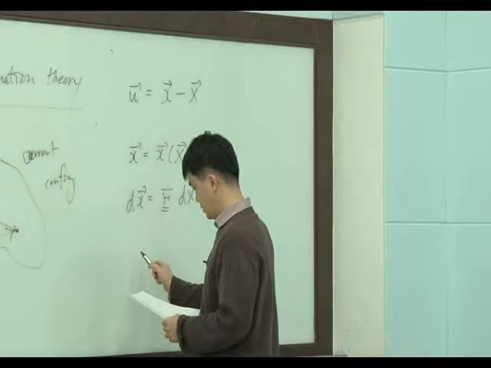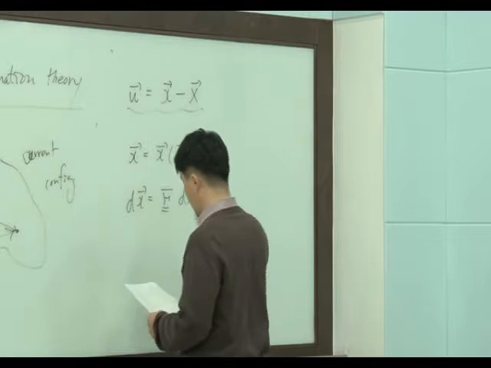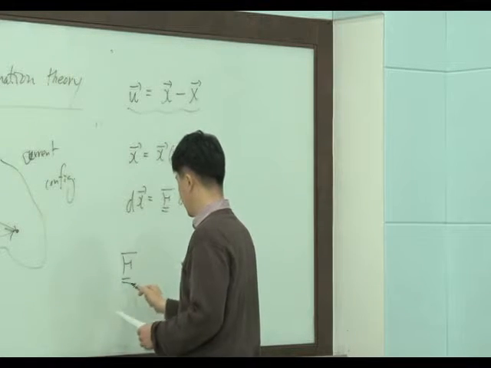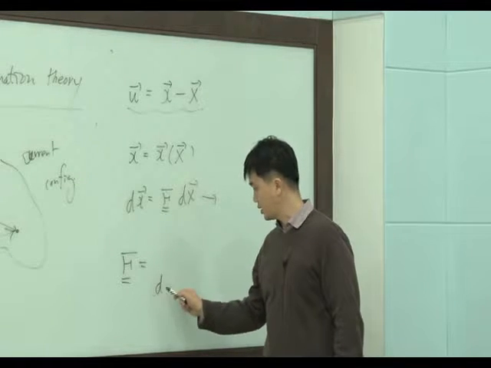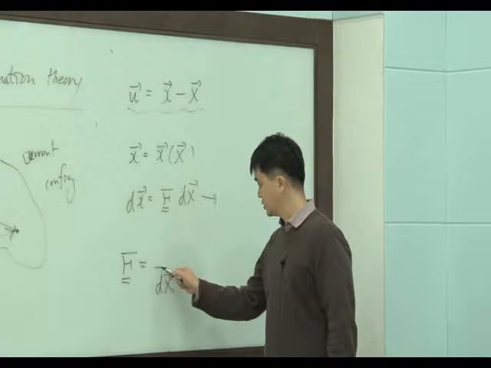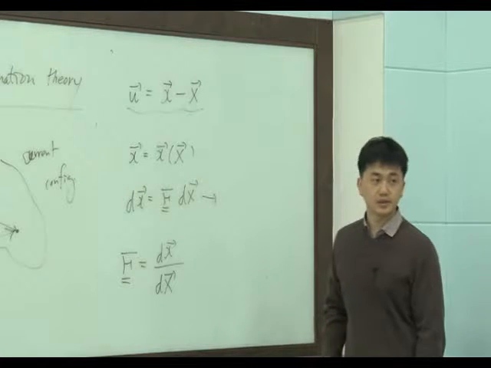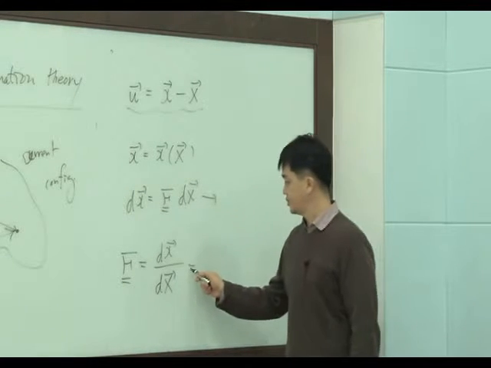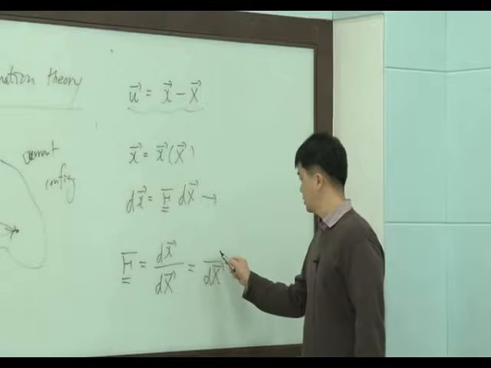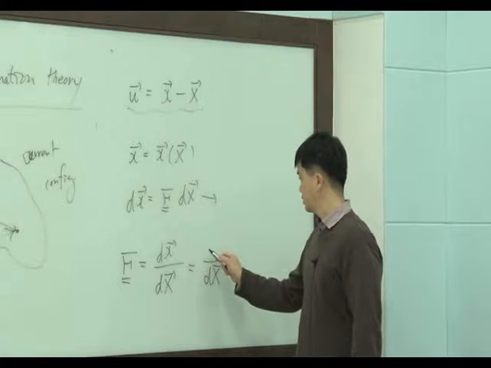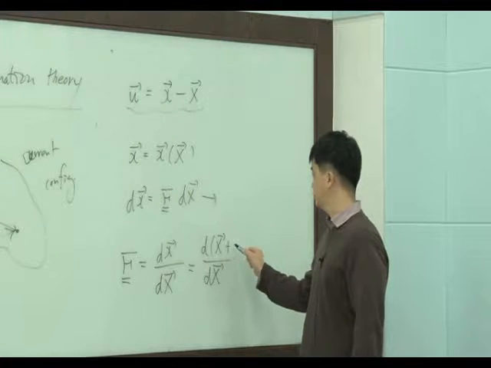And so let's consider the displacement vector here, this one, and F. This is the deformation tensor, which can be calculated like this, dx over dX. And this becomes d of (X plus u) over dX.